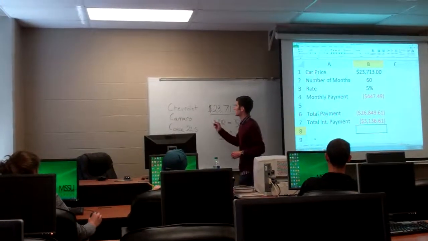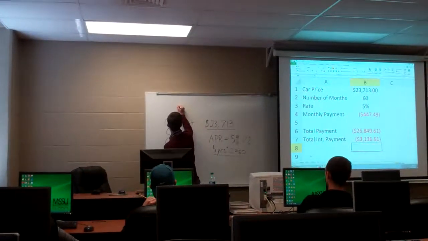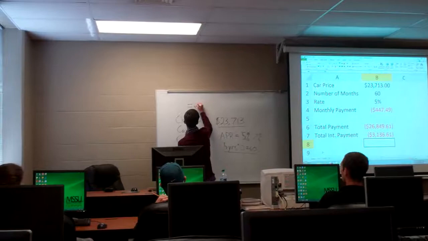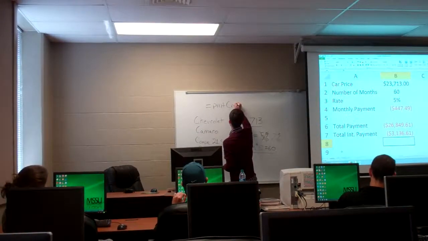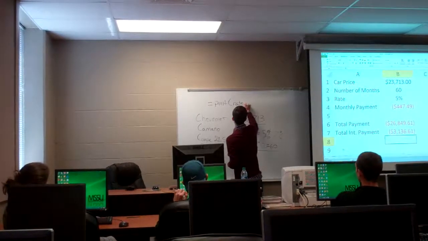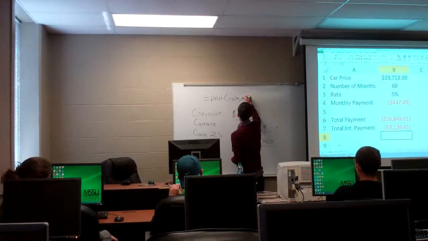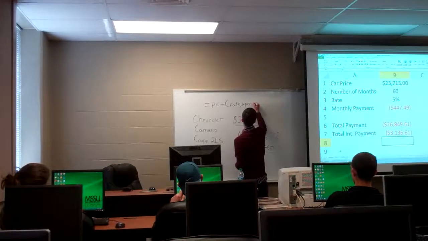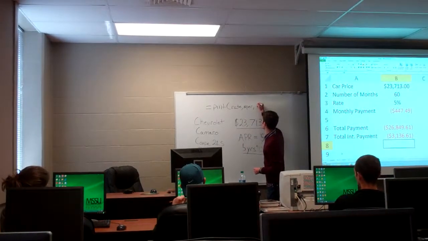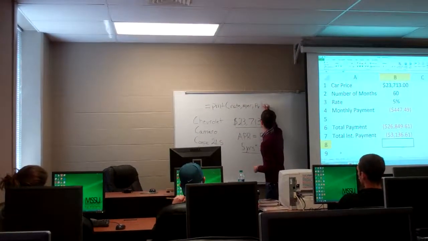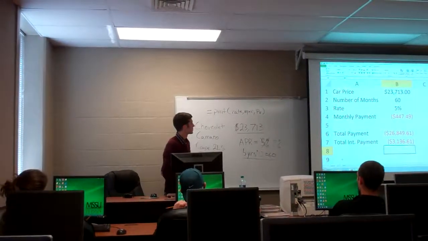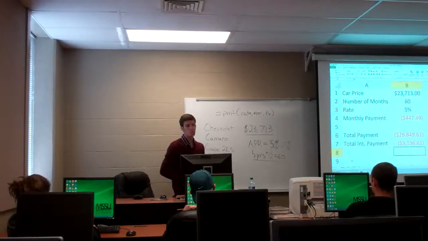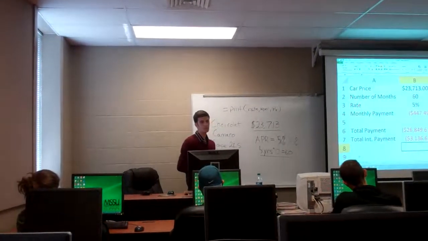So the payment function, PMT, is made up of the rate, number of payments, NPER, and also present value. You can write down that formula in your notes to help you in the future.